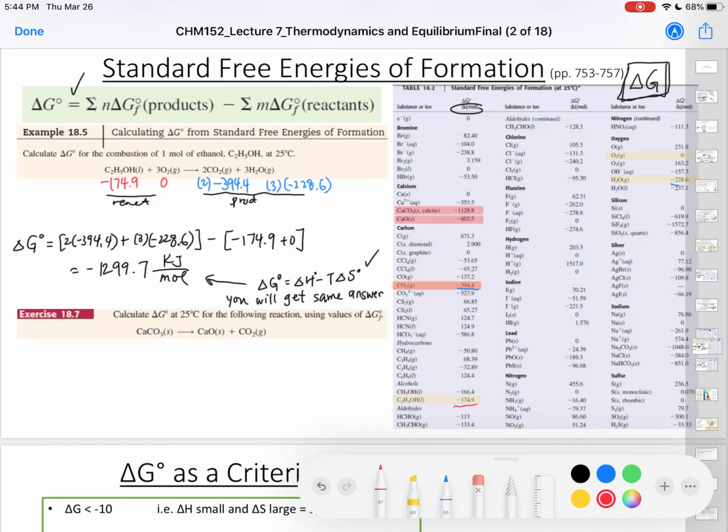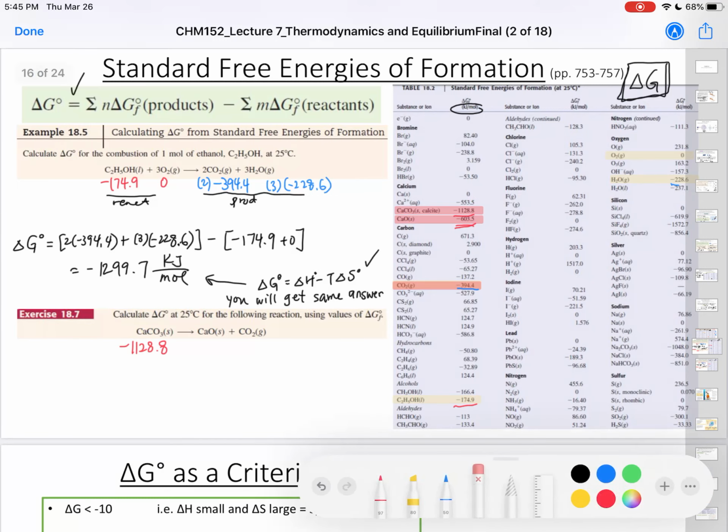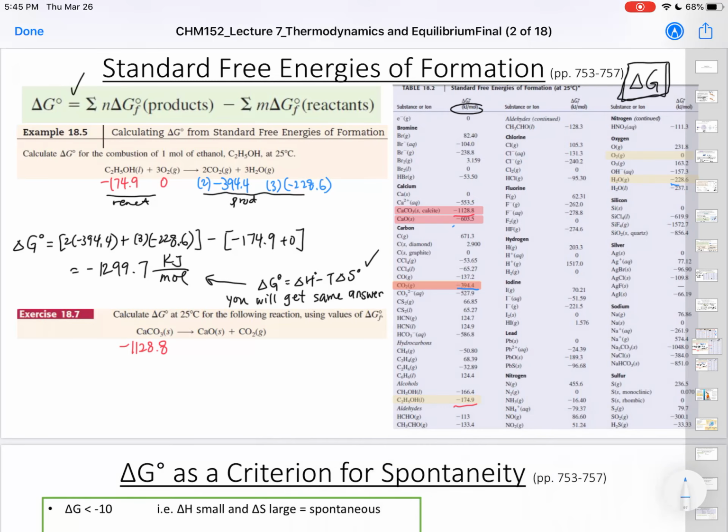All right, let's do one more just to make sure we know how to do this. It's CaCO3 decomposing to calcium oxide and carbon dioxide. Again, we find it from the table. CaCO3 solid is minus 1128.8. Calcium oxide is minus 603.5.